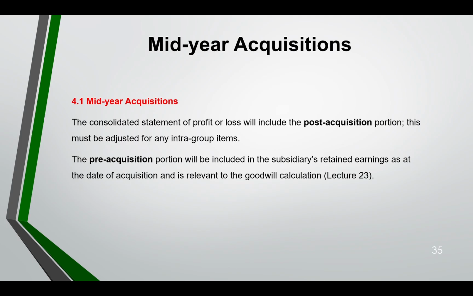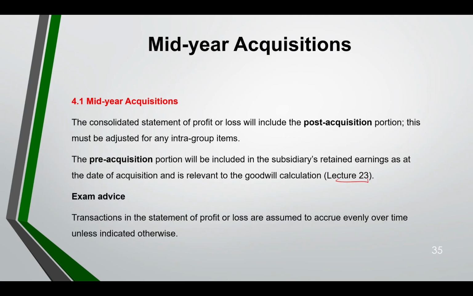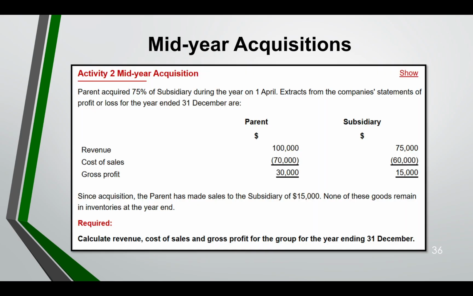The portion before you acquired will be included in the subsidiary's retained earnings as of the date of acquisition, and therefore it is relevant to your goodwill calculation. So you can see lecture 23 already for that. Transactions in your profit and loss are occurring evenly over the time, so you don't have to worry about it.